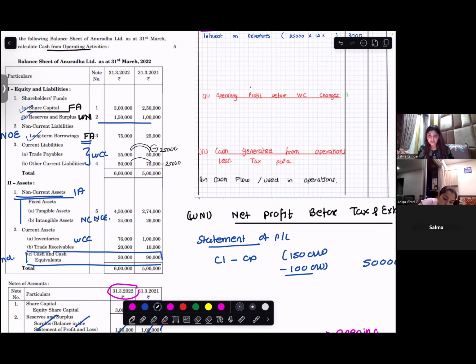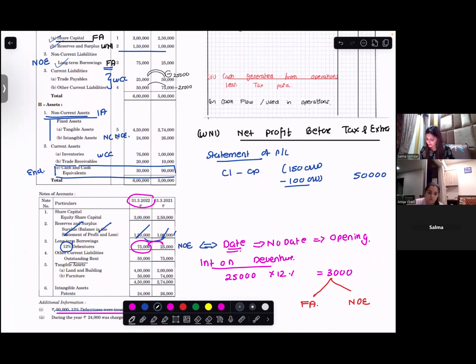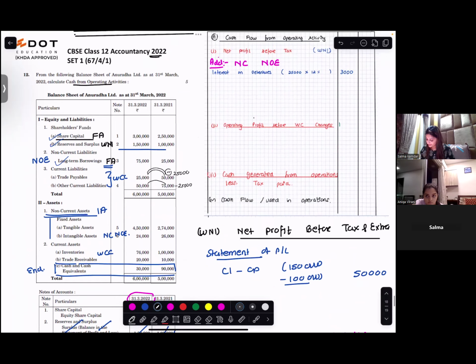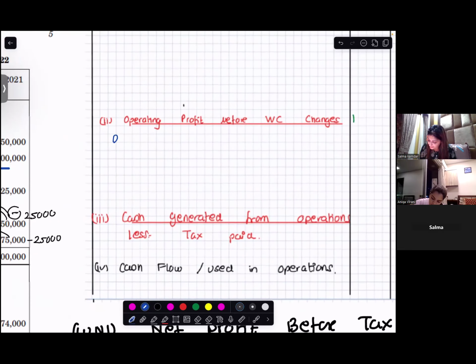There is a decrease in trade payables and a decrease in other current liability. Since they've not given me a bifurcation, I can check down what the other current liabilities are: outstanding rent decrease. So I'll write in my working capital changes: decrease in trade payables.